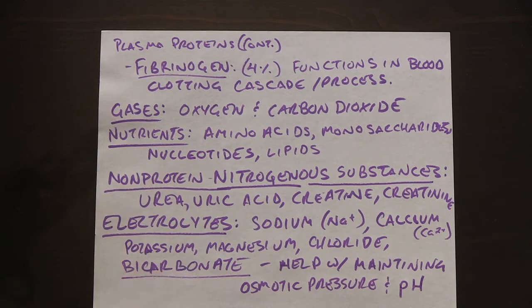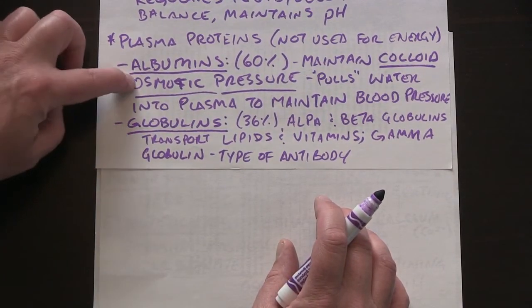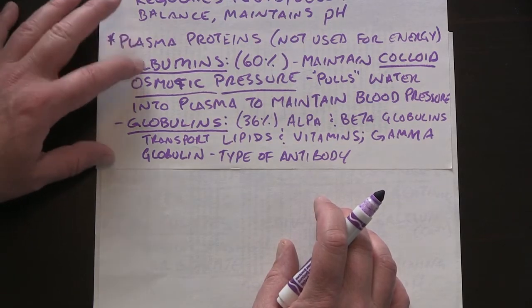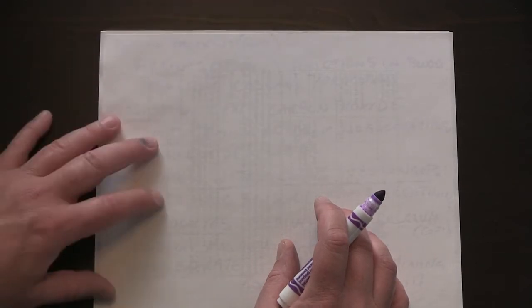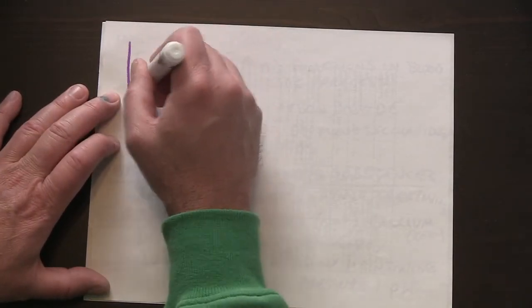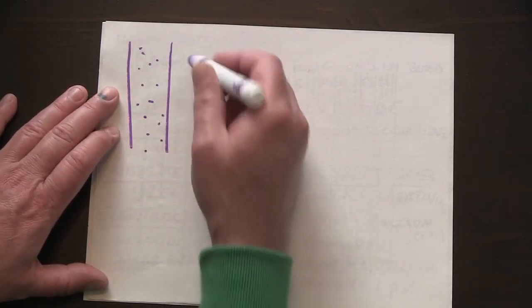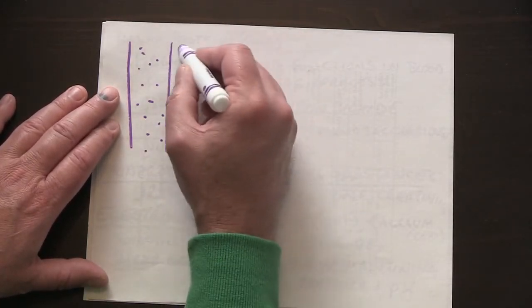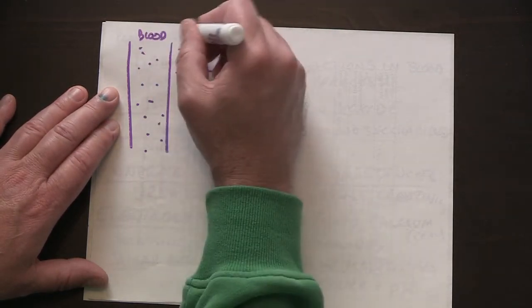I did want to do a little side note here. We talked about the albumins and the colloid osmotic pressure on this slide right here. So if you remember, I think it was probably day 1 or day 2 of the semester, we talked about the different passive transport mechanisms. So if you have your blood with the dissolved albumins in there, by osmosis, remember, and this is the tissues out here. So this is blood, and these are the tissues.